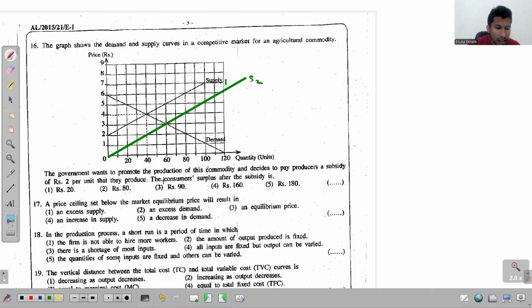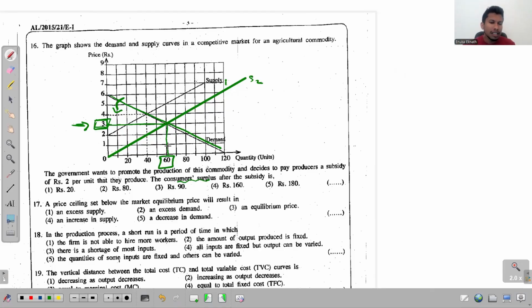And අහන්නේ මොකද්ද? The consumer surplus after the subsidy. See, I always tell you this. මොකද්ද? If it's the consumer surplus, that is the region below the demand curve, above the market price. See, after the subsidy, the market equilibrium, නැත්නම් market price is 3. එහෙනම් below this demand curve, but above the market price, up to the quantity traded in that market.